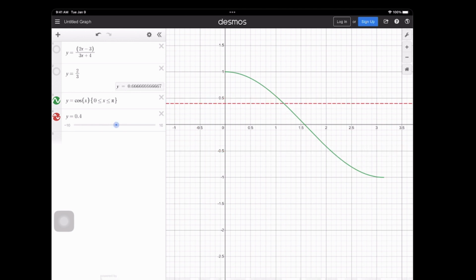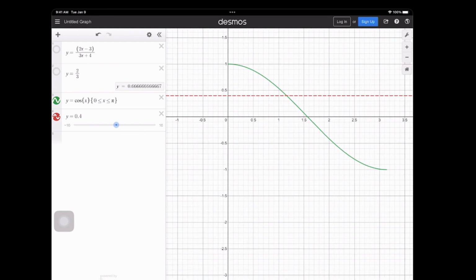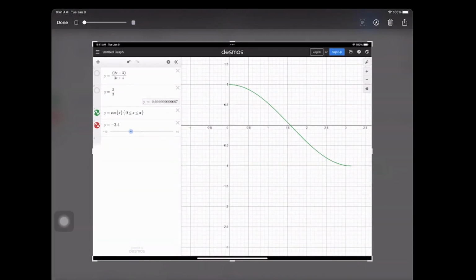Okay, so, all right, so let's do this here. I'm going to import in Desmos that picture as well.